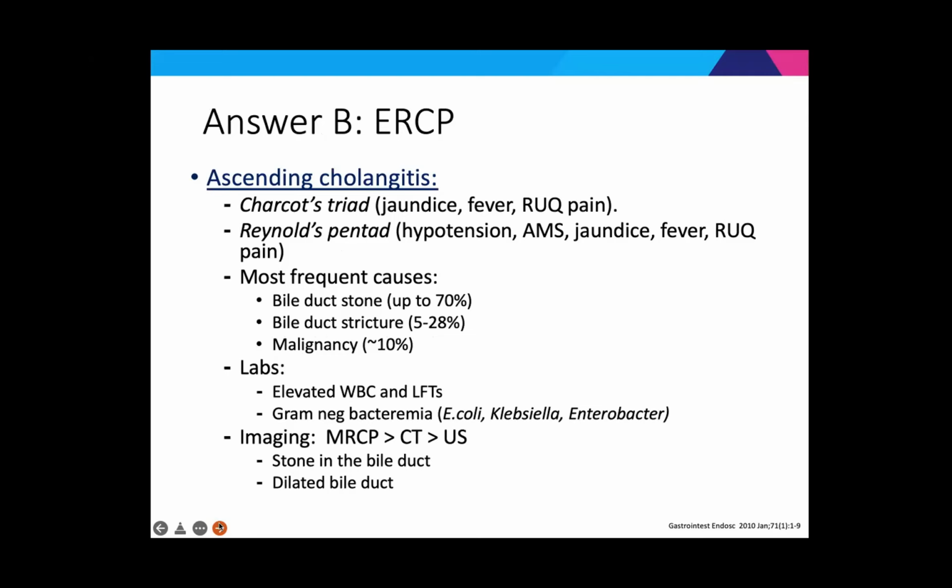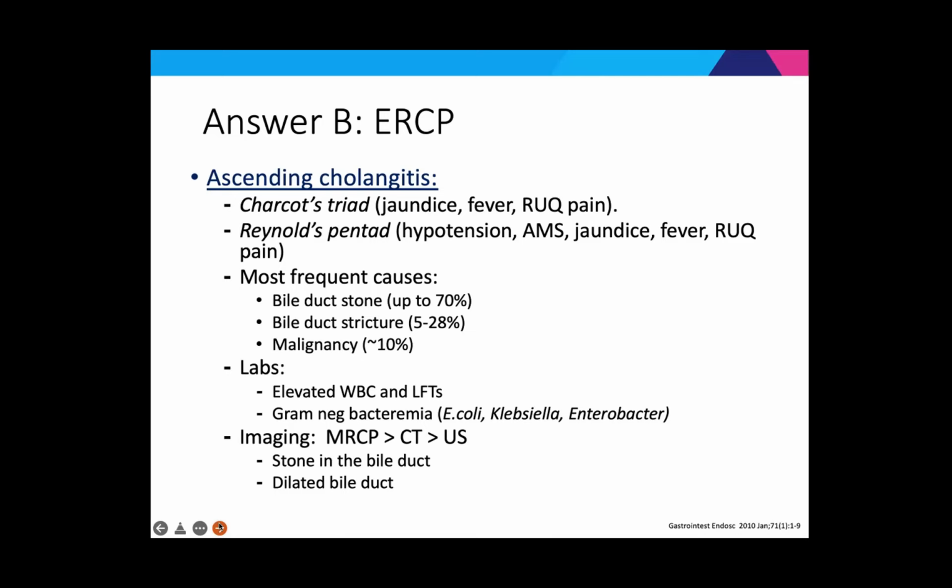On labs, you'll see elevated leukocytosis and LFTs. And in sepsis and septic shock, you'll also find gram-negative bacteremia, most commonly with E. coli, Klebsiella, and Enterobacter. I feel like in reality, by the time the ER calls you, the patient already had an ultrasound and a CAT scan, and maybe you're considering an MRCP.